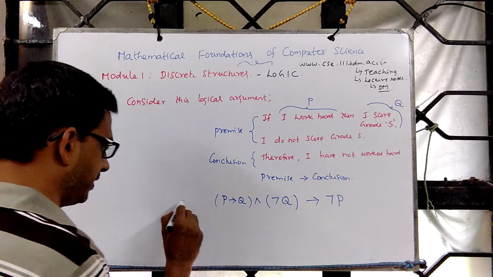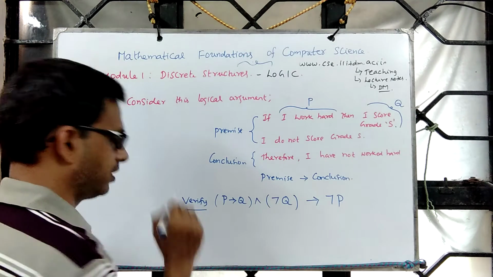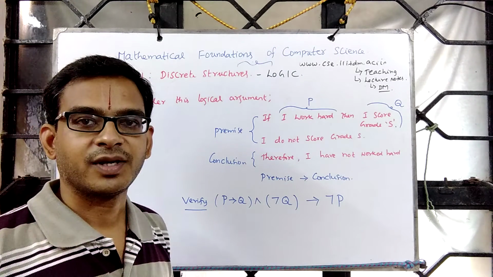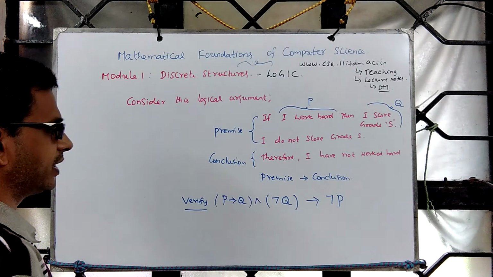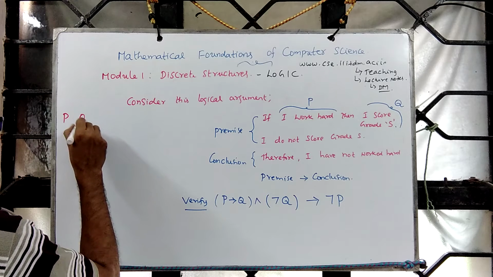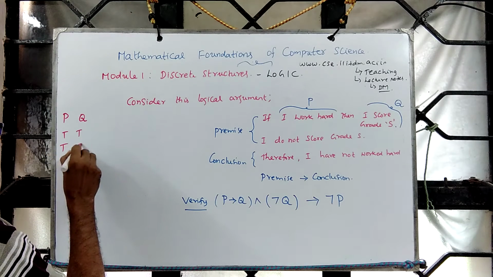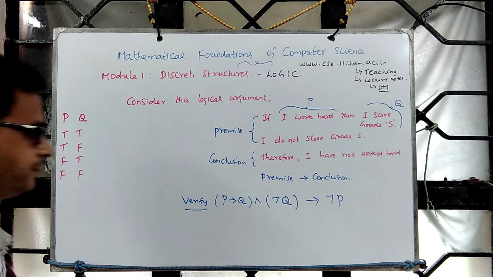Now we want to verify this. Verify whether this implies this or not. How do you do it? We can do it using a truth table. So let's look at P, Q. Possible values for P and Q are true true, true false, false true, false false.